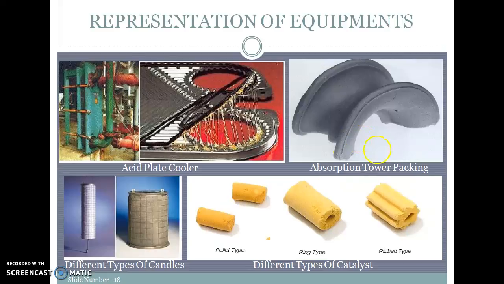When you look at the absorption, what is important is that the contact of gas and liquid should be very good. The better the contact, the better the absorption of SO3 into H2SO4. These are the saddle packings used for contact. Also, different types of catalysts are used. You see the oleum catalyst in different forms. Here again the surface area plays a role in converting more SO2 to SO3.